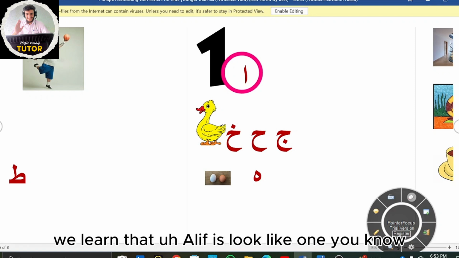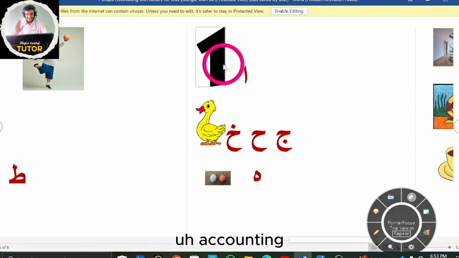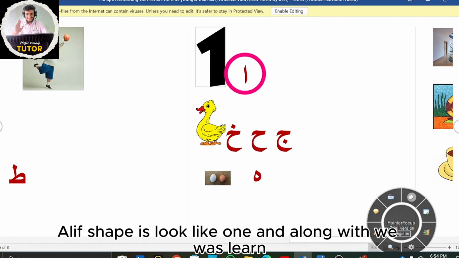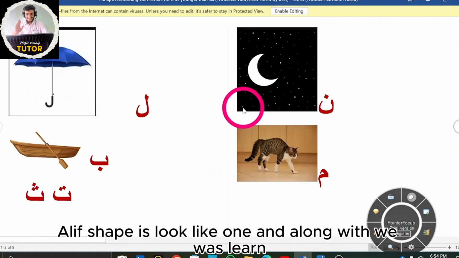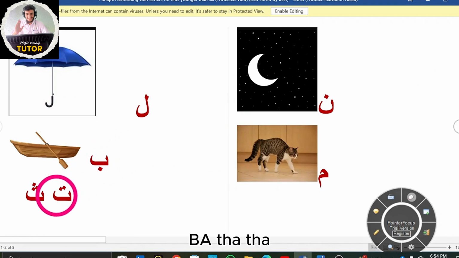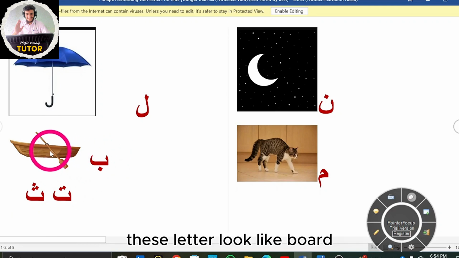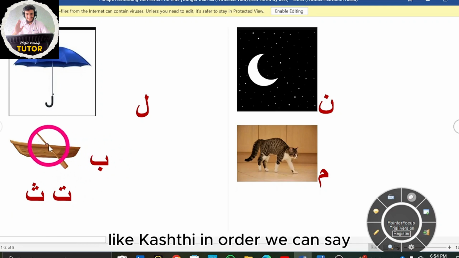We learned that Alif looks like the number one, like English counting 1 to 3. Along with that, we learned Ba, Ta, Tha. These letters are siblings, like brothers and sisters. They look like a bird, like a kashti in Urdu.